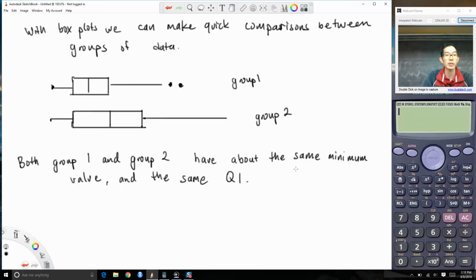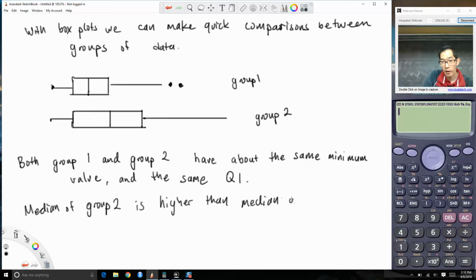Can we see that from our box plots here? Same minimum, same Q1. However, if we look at the median, we see the median of group 2 is higher than the median of group 1. So when we're talking about central tendency, we can say the center of group 2 is higher. In fact, the median of group 2 is about equal to Q3 of group 1.